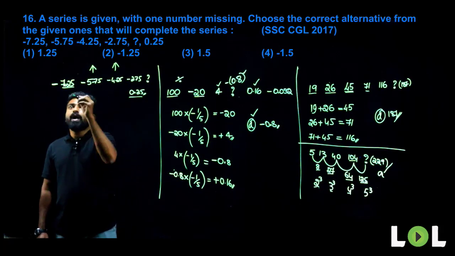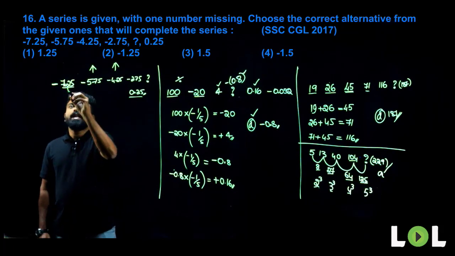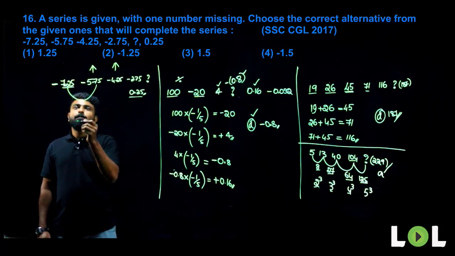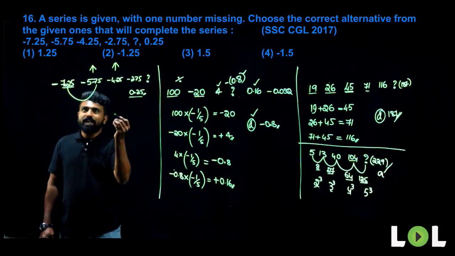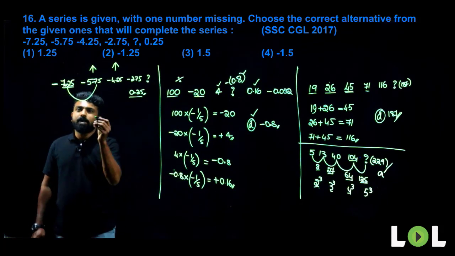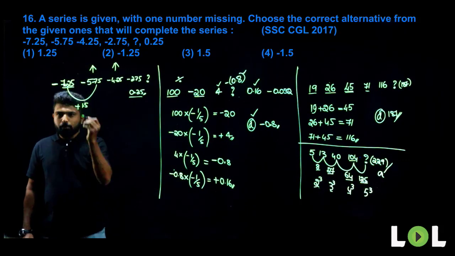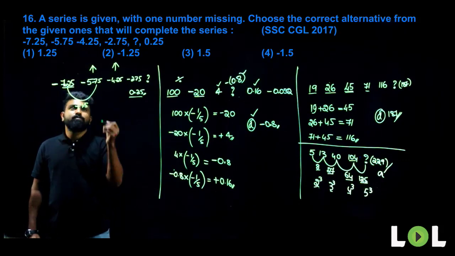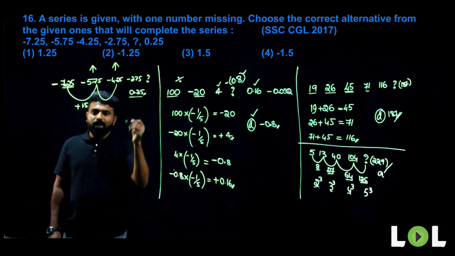So, what do I need to add to minus 7.25 to get minus 5.75? Minus 7.25 plus 1 gives me minus 6.25, plus 0.5 gives me minus 5.75, meaning I need to add 1.5 to minus 7.25 to get minus 5.75. Next, from minus 5.75 to minus 4.25, how do I go about?